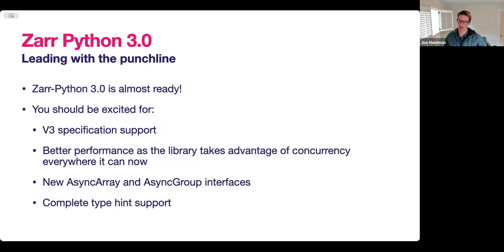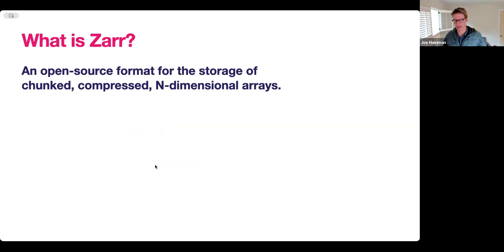Better performance all over the library. You'll see we've done quite a bit, taking advantage of concurrency with async at the group and at the array level, so we should be able to squeeze out some more performance in various places. And then code quality. Here I put type hint support, but it's just a modern language. Zarr Python 2 was written in Python 2 first and was slowly migrated into the present day, but it's lagged behind.